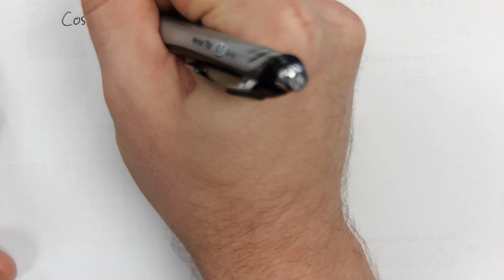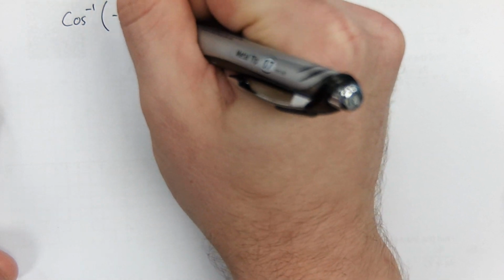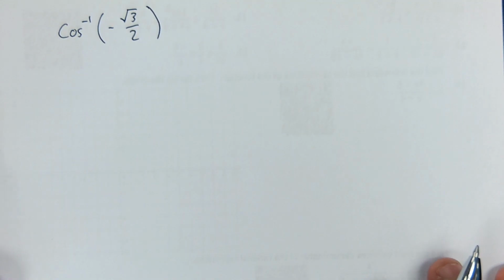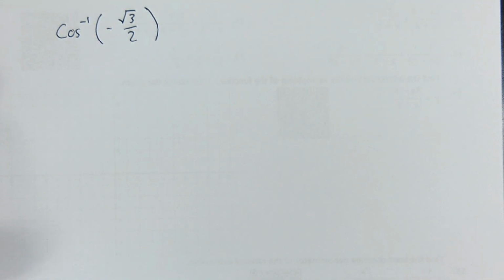Your first practice question goes like this: cosine inverse of -√3/2. We're going to evaluate cosine inverse of -√3/2 by hand, and we will get the answer in radians.